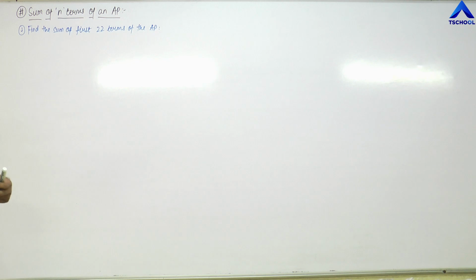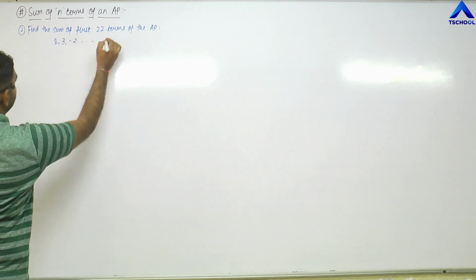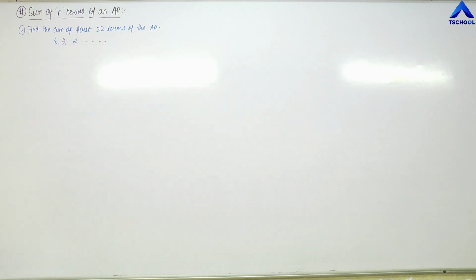The AP given is 8, 3, minus 2 and so on. So here this is the arithmetic progression given to you. We need to solve for finding out the sum of first 22 terms.